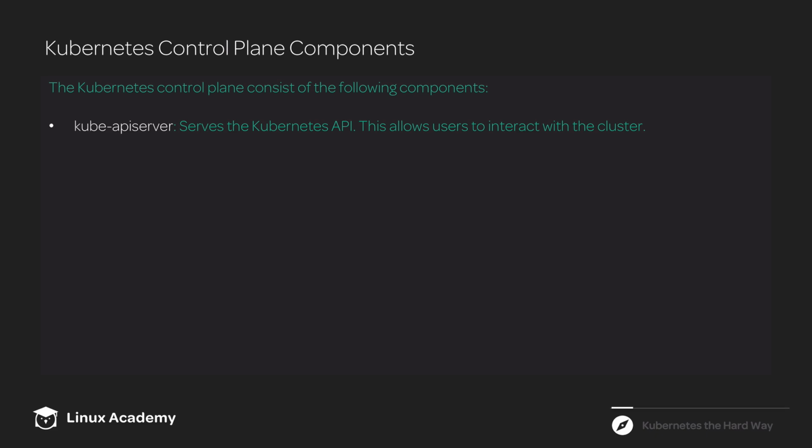So the first component, and these are all services that are actually going to run on our control servers, is Kube API Server, and that service basically just serves the Kubernetes API. So when we interact with the Kubernetes cluster, we're pretty much always utilizing the Kubernetes API.